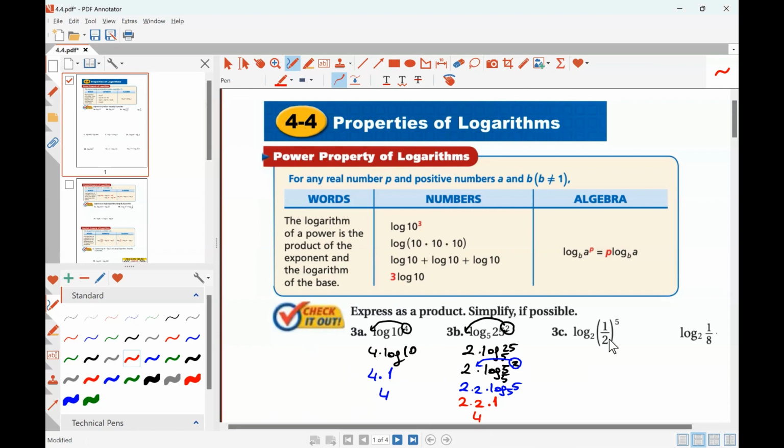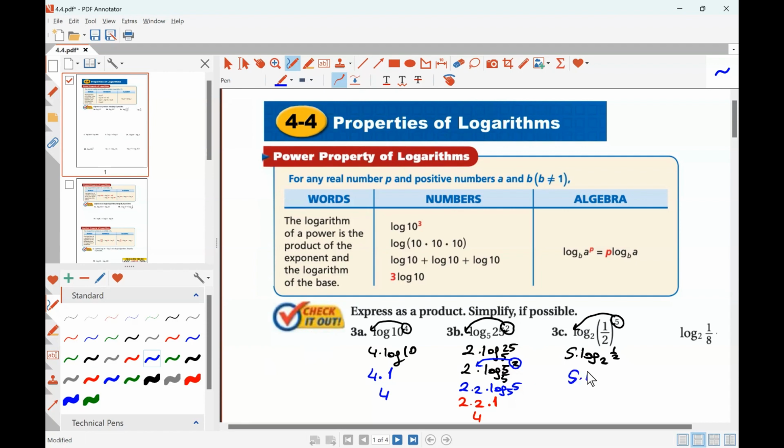Okay, the next one, I have an exponent. Similarly, move this exponent in front as a coefficient. So 5 multiplied by log base 2 of half. So the question is, in order to simplify this logarithm, can I write 1 over 2 in terms of the base? If I can, I will. If I can't, I will leave it as it is.